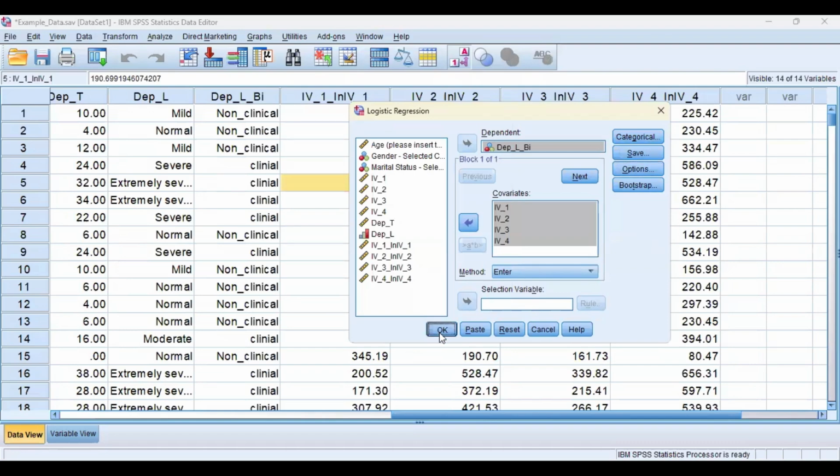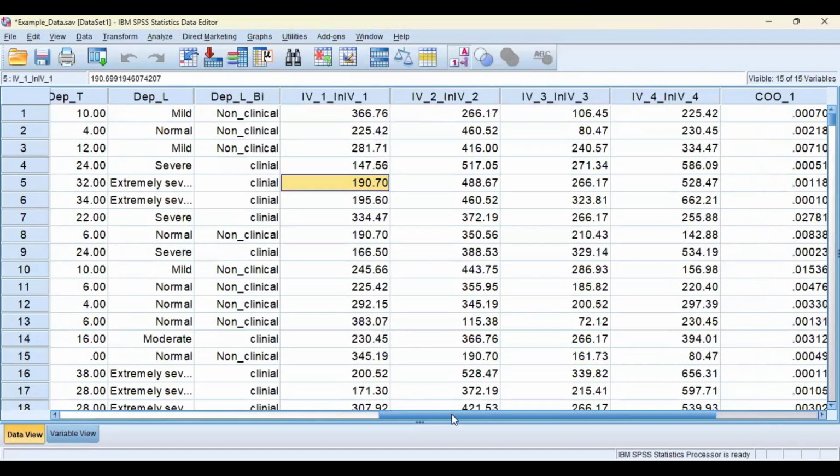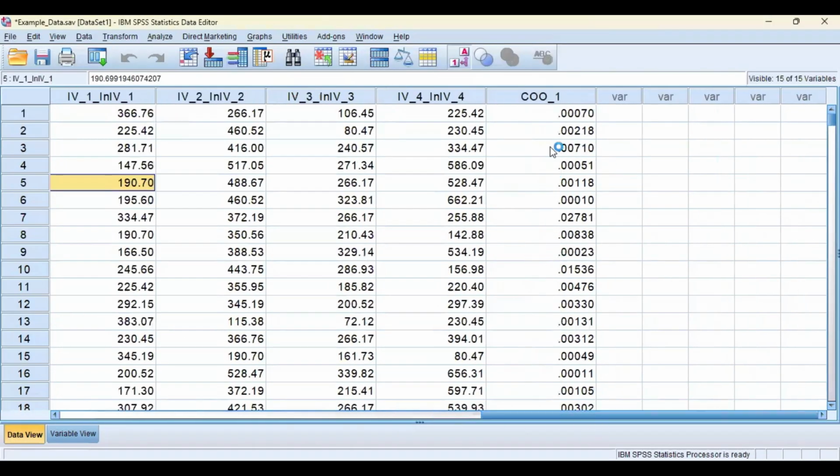If you click on OK, before going to the main analysis, I also want to check the final assumption that we couldn't check beforehand, and that is influential outliers. You see that after running the analysis, a new column emerged here, and that is for Cook's distance.